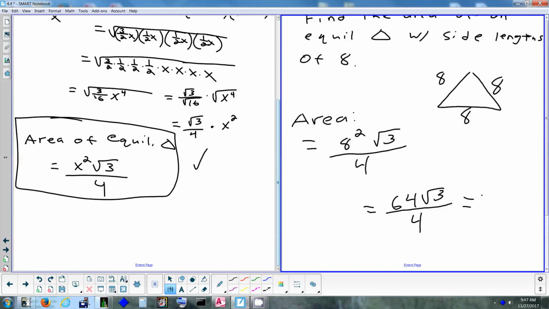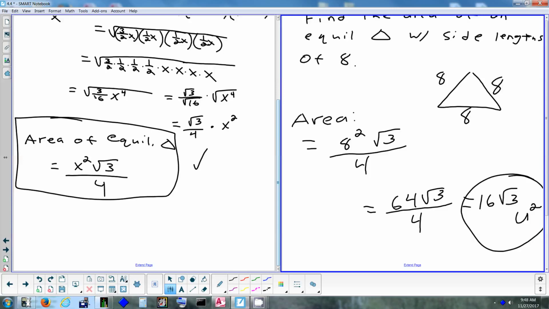Yep. So we got 16 square roots of 3. Now, if they don't tell you, you can leave the answer just like that. The area of that triangle is 16 times the square root of 3, whatever that number is, square units. If they wanted it done out, just type that in on your calculator, and that's the answer.